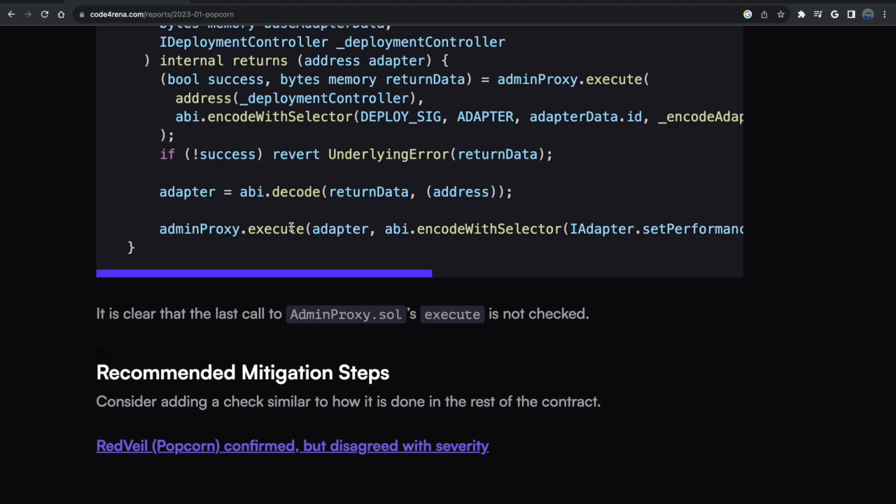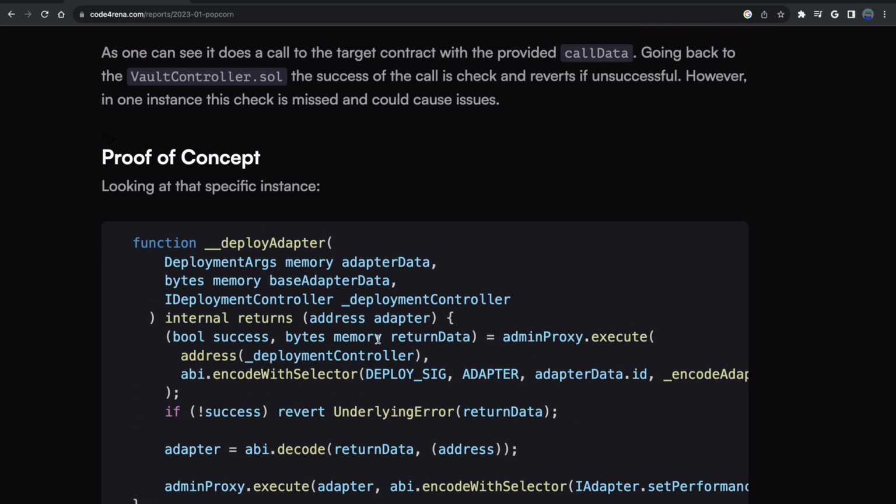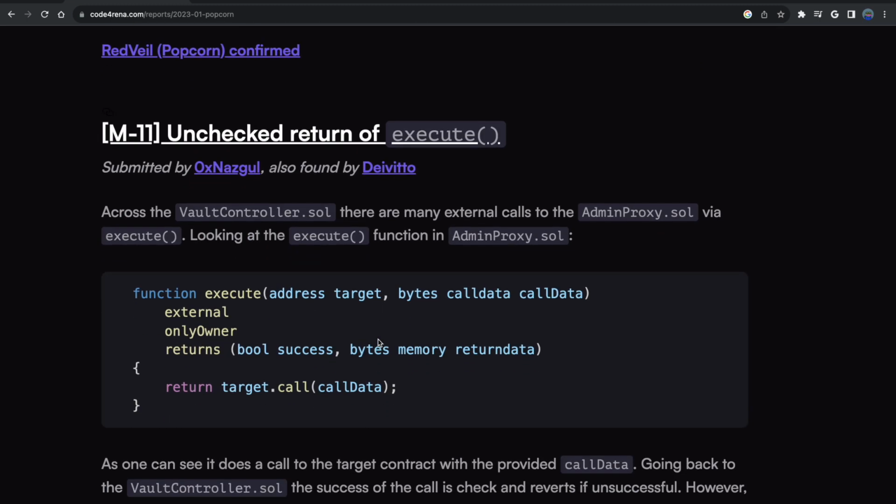You can execute something, it can return false, or that call could have been unsuccessful, and there would be no way of determining if that call was positive or not. So you would essentially be operating under the assumption that it's automatically executing, and that in itself is a vulnerability. So you should definitely be checking for these.